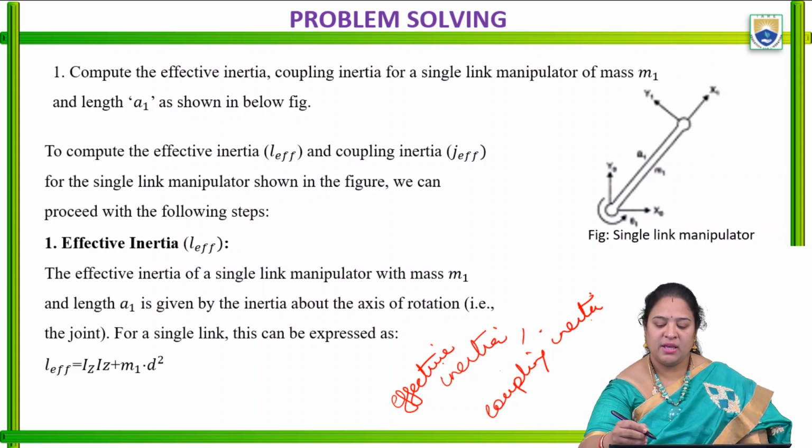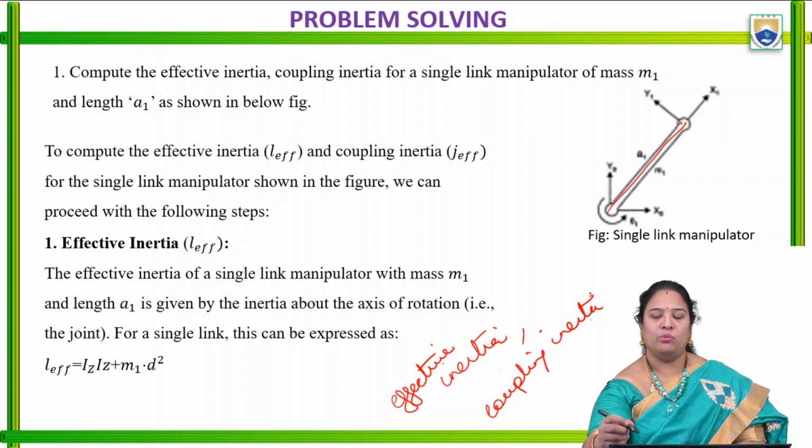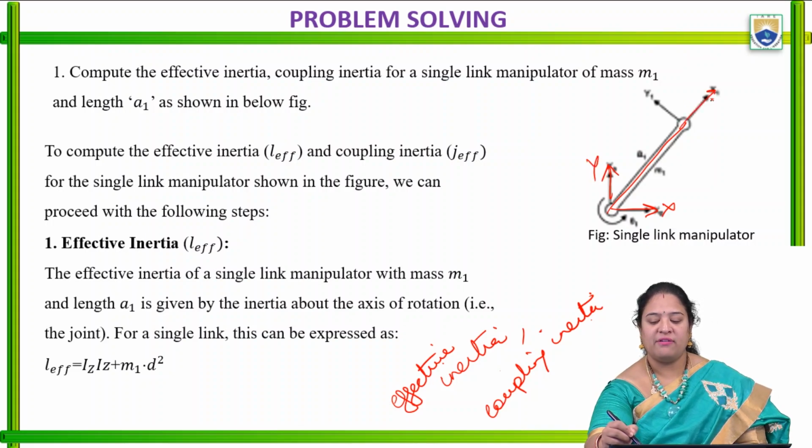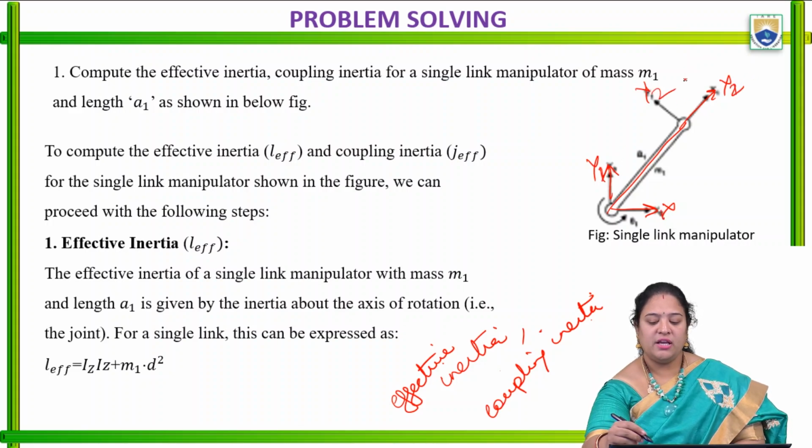Initially, this is the manipulator which we have for a robot, which has an x-axis and a y-axis. Here also it has an x-axis and a y-axis, that is x1 and y1. It has a length of a1 and it is rotating with a mass m1.